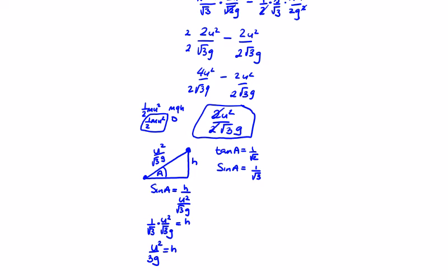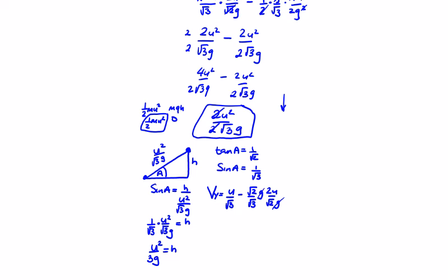So we need the velocity in the y direction to know what speed it hits at. We saw that the velocity in the x direction was coming down at a right angle, was 0. So the velocity in the y direction, u plus at, u was u over root 3 from above. The acceleration was minus root 2 over root 3 times g, and the time taken to get there from above was 2u over root 2g.